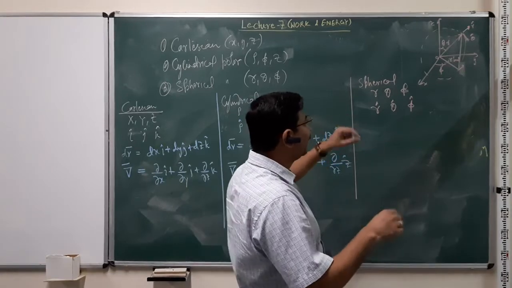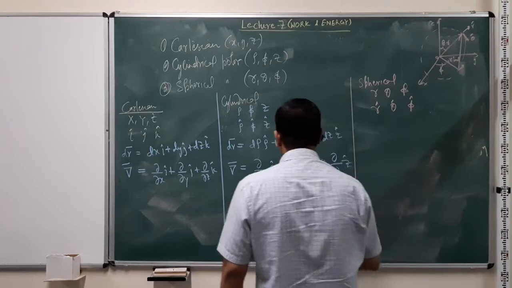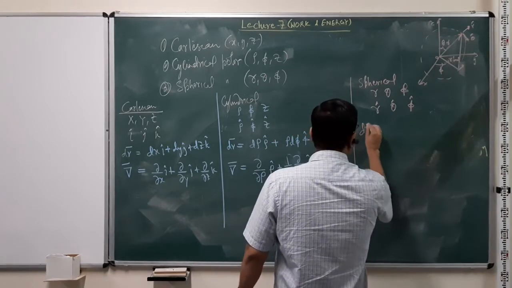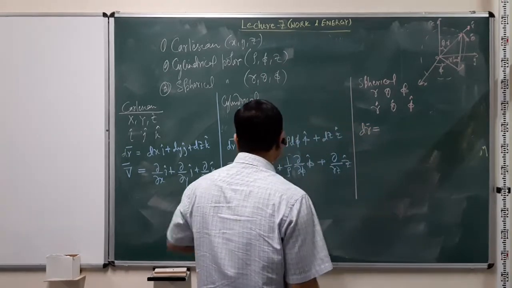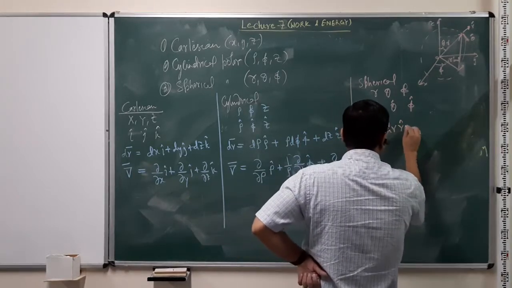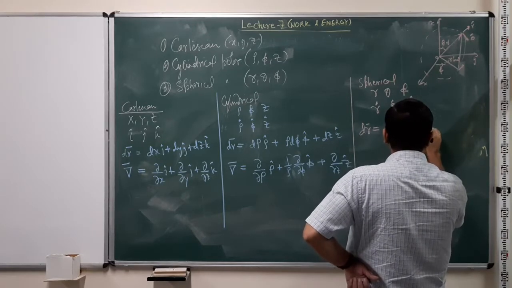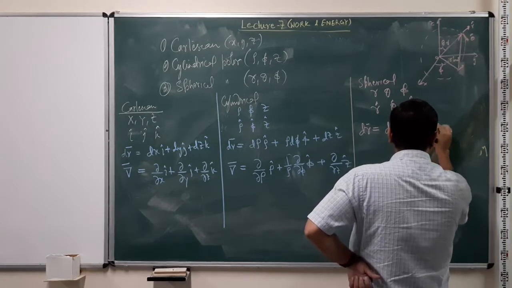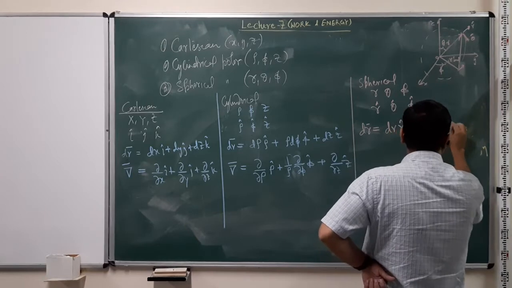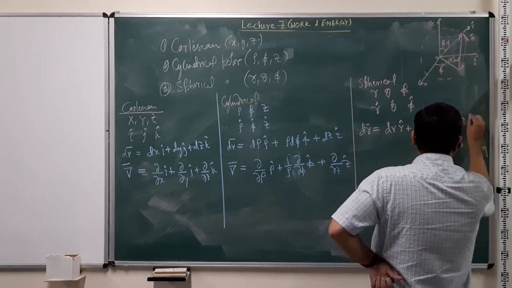So r cap, theta cap, phi cap are all orthogonal to each other. These are unit vectors. And now I can write down the infinitesimal length element. So this will again be dr in the r cap direction plus r d theta in the theta cap direction plus r sin theta d phi in the phi cap direction.